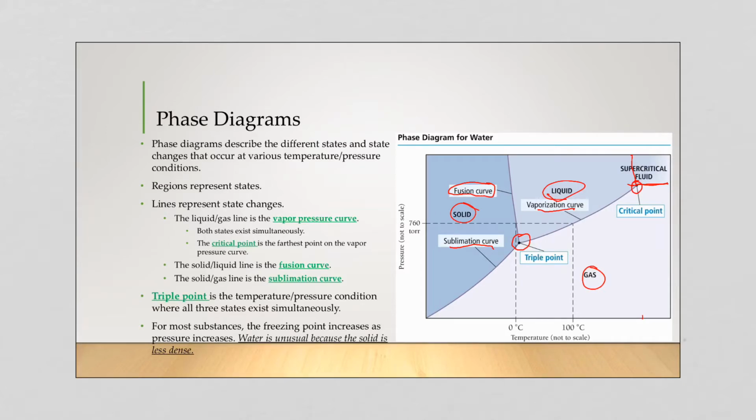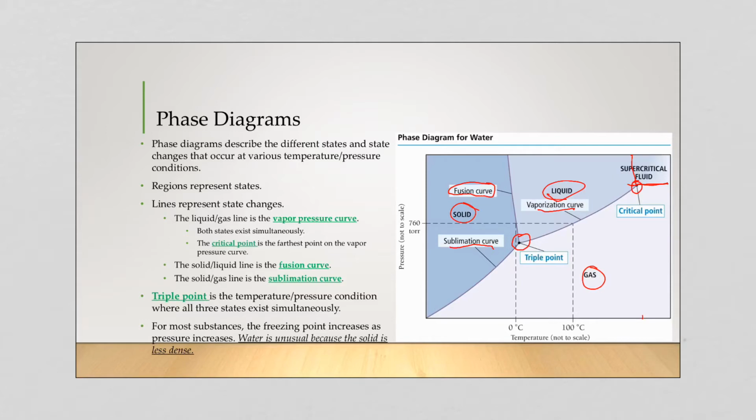Now, I am going to point out something that's a bit weird about this particular phase diagram, so that when you see others, you don't think that they're somehow strange. Notice here that the fusion curve for water slopes back to the left. What this is implying is that as the pressure goes up, the melting temperature gets lower.